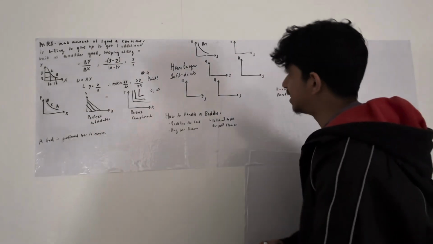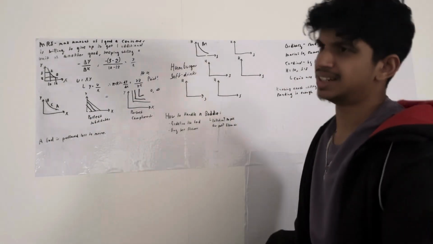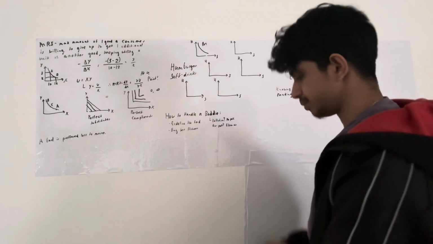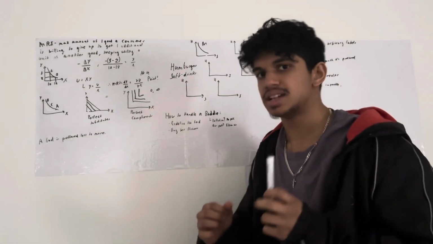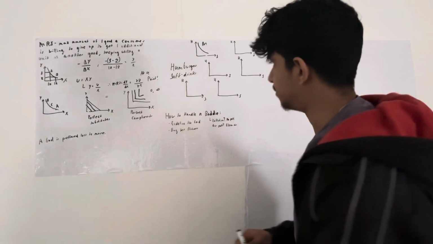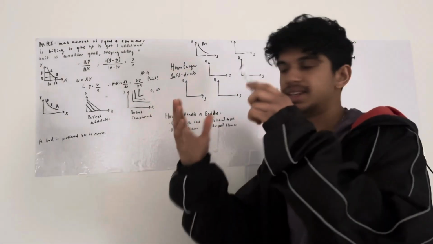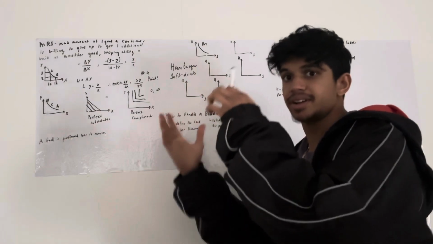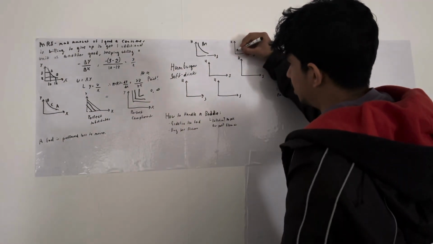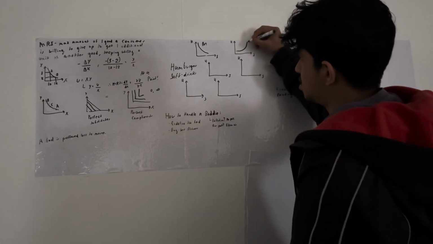Now, what about Ethan? Ethan doesn't like soft drinks. He likes hamburgers. That means that soft drinks are a bad because we don't like soft drinks. So that would mean you have to mirror it. Instead of it being like this, it'll be mirrored in the x-axis because soft drinks are on the x-axis. Now it'll look like this.